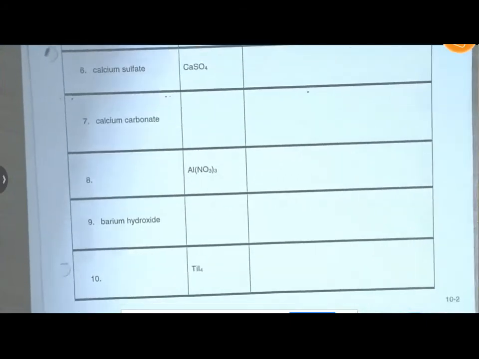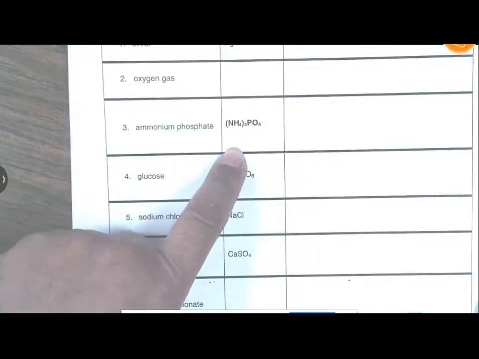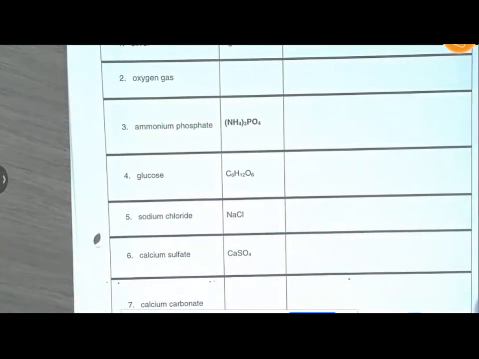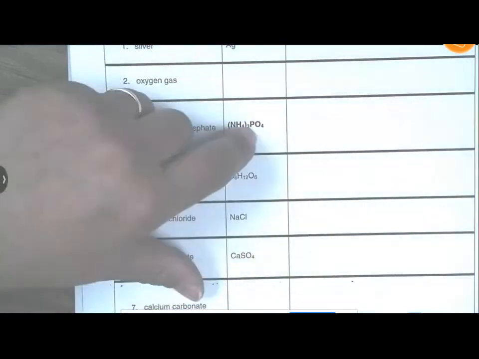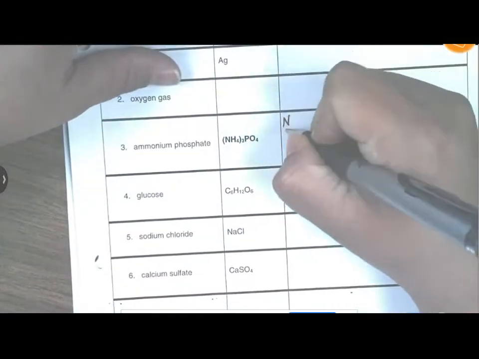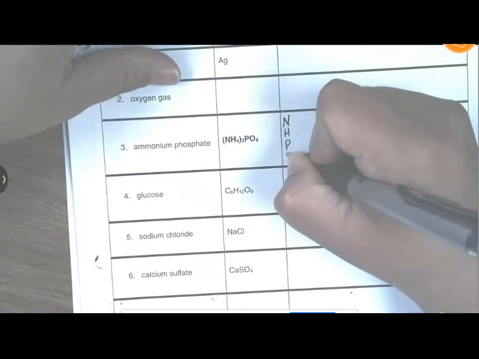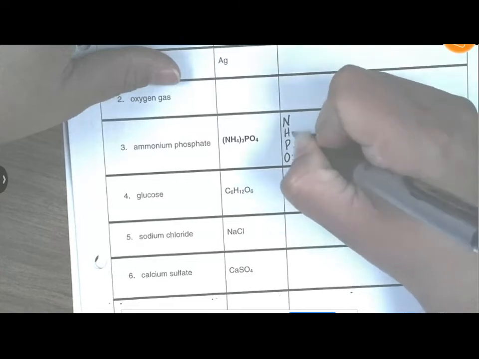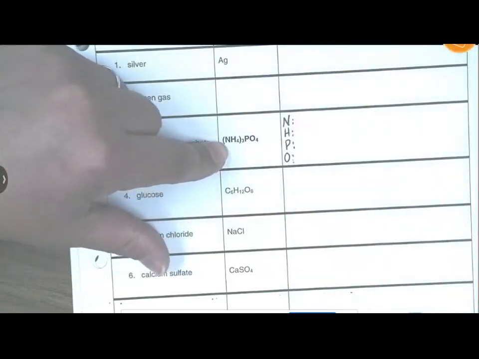All right, so now what we're going to do is look at the homework. The homework is 10-2. We're going to do this one together. We're going to do ammonium phosphate. Ammonium phosphate, I'm going to go ahead and find what is the amount of each atom that I have. So I have N, I have H, I have P, and I have O. Remember, I have to distribute.